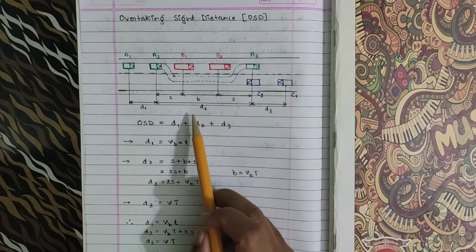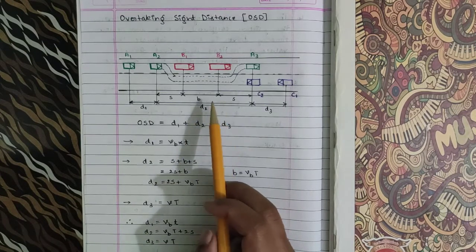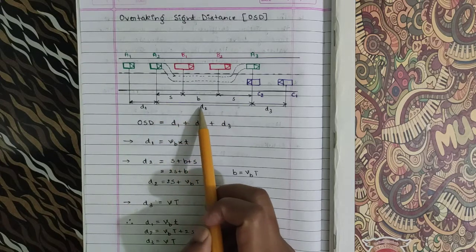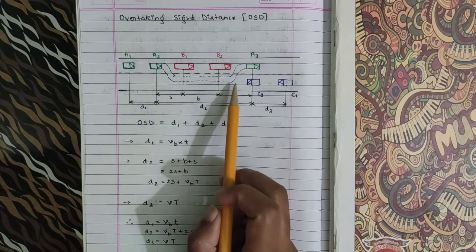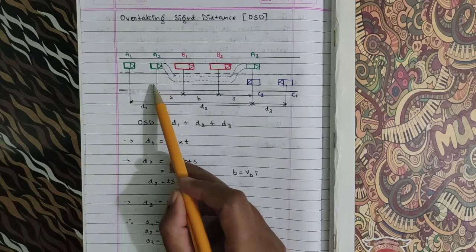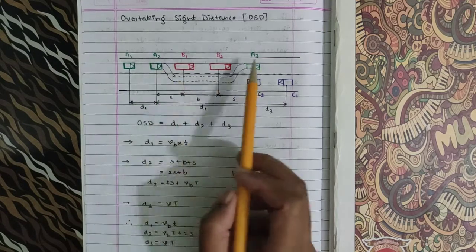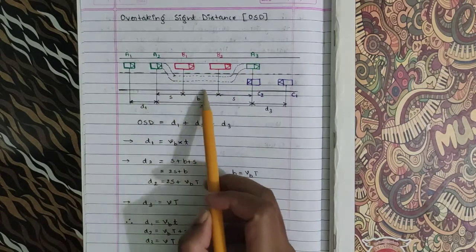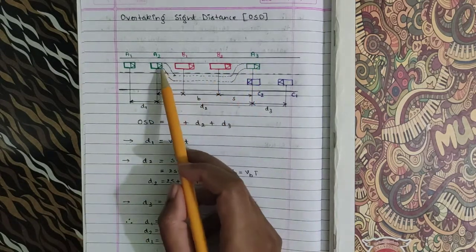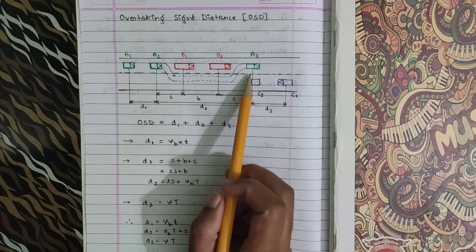Then D2 is the distance traveled by vehicle A during the actual overtaking duration, capital T. This is the distance from position A2 to A3, covered in the actual operation of overtaking.